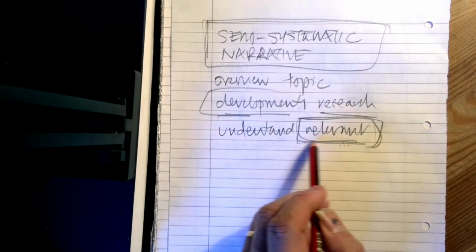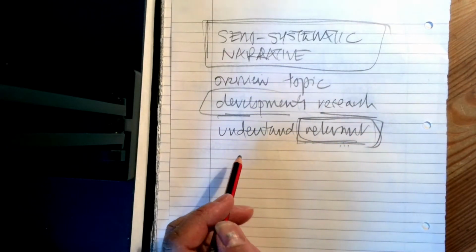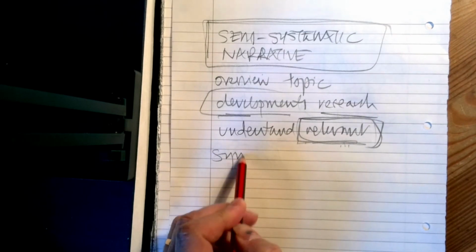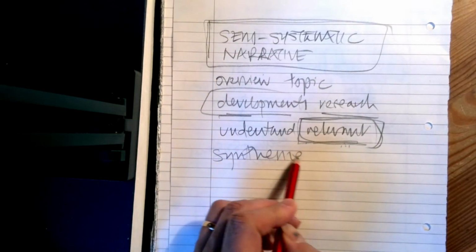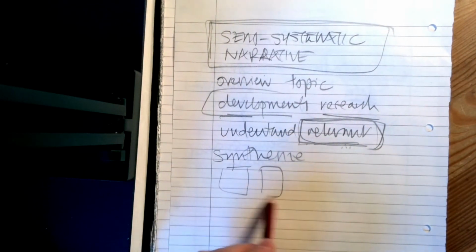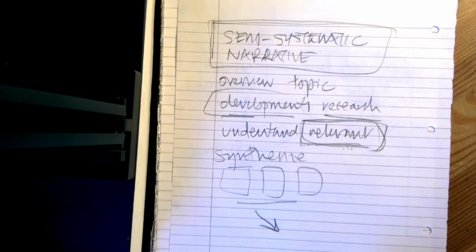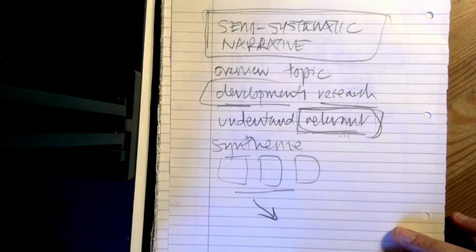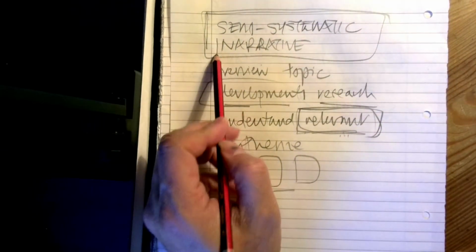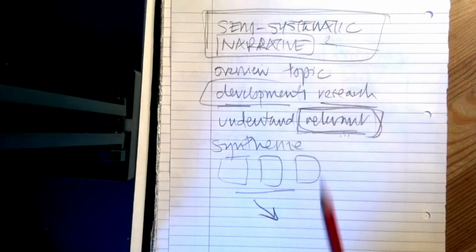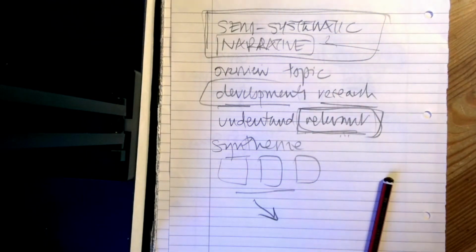And then once you do it, as we said before, you synthesize these various different sources, and you create, if you like, a new story, or the beginnings of a new story. So when we say narrative, another way of thinking about that is that you're looking at the development of a technology like a story. Okay.